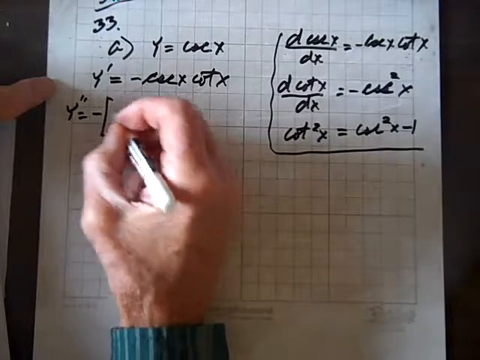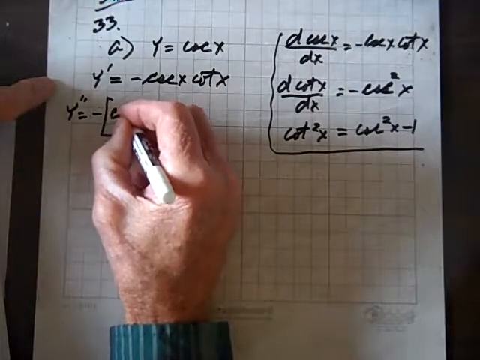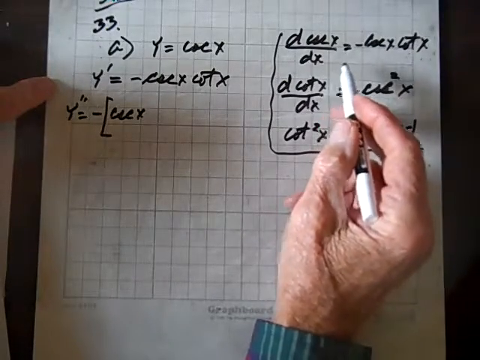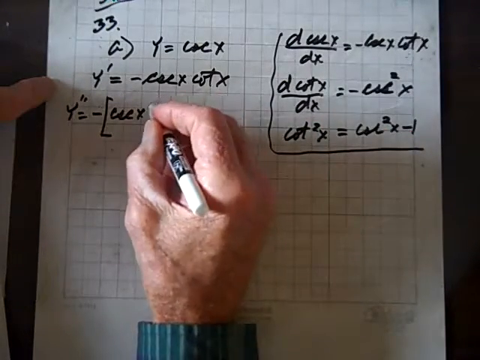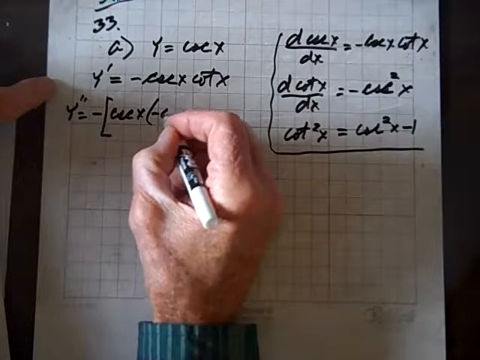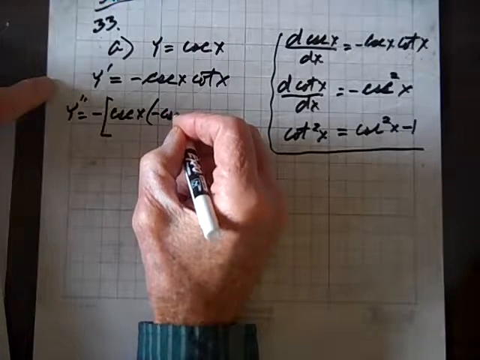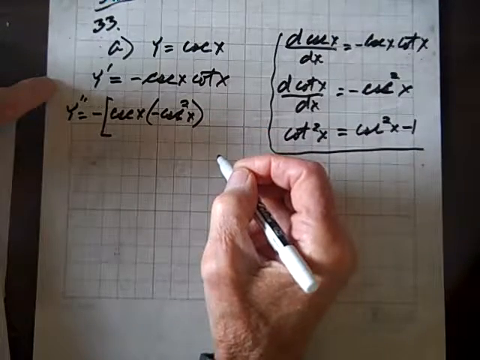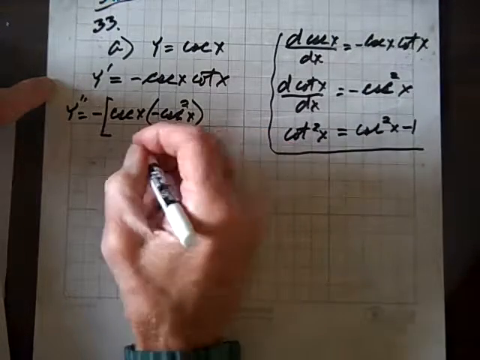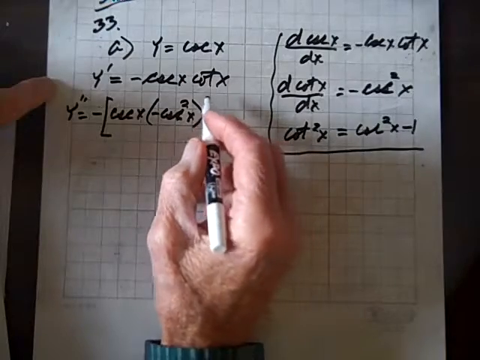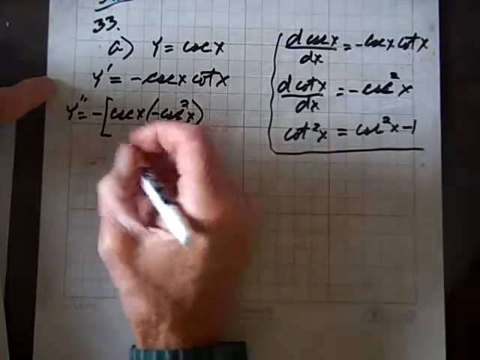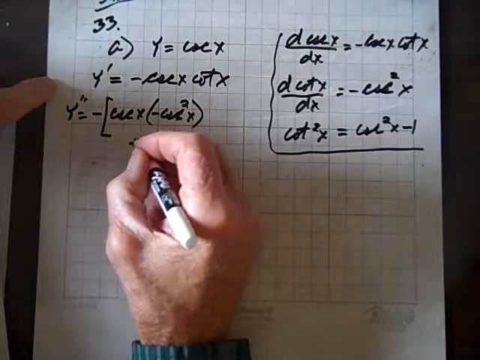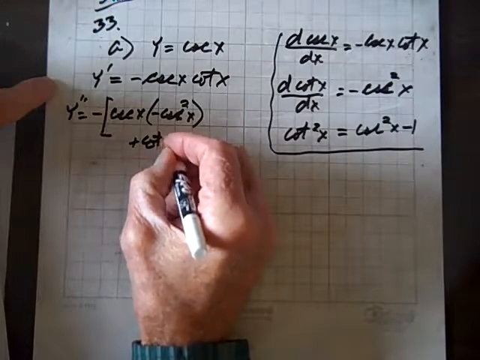And we'll hold cosecant of x constant. And then we'll take the derivative of cotan of x, which is minus cosecant squared of x. Now, we'll hold cotan of x constant, so I'll do that down here, plus cotan of x.